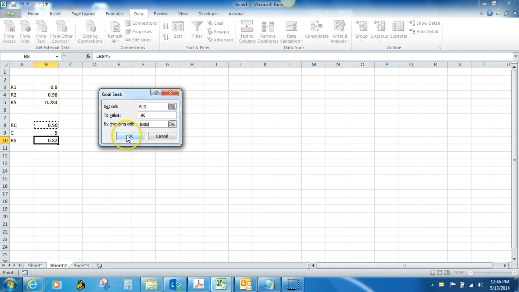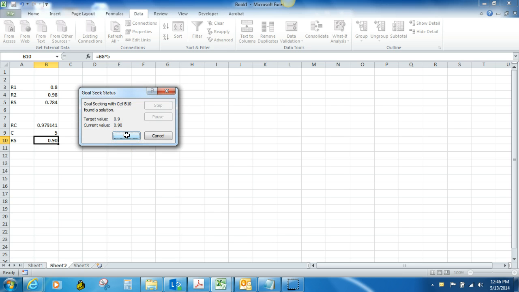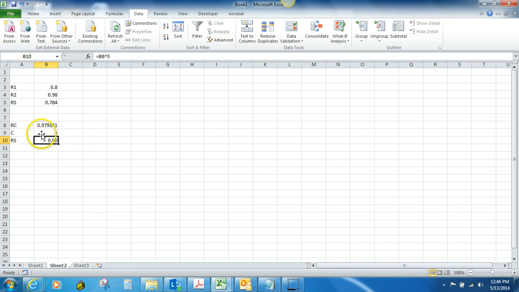Okay, and we're going to click OK, and it came out with 0.979 or 97.9% reliable. So it would have to be almost 98% reliable, each component part, in order for the system to be 90% reliable. Okay, so that's how you compute that.